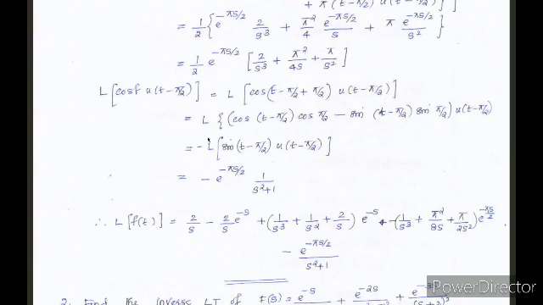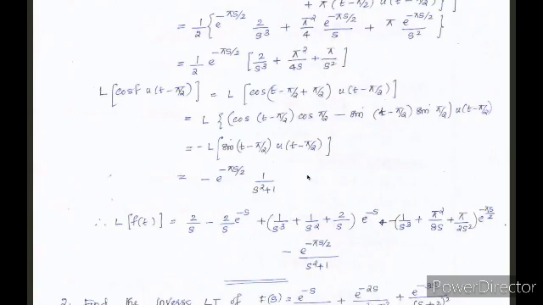So I can write this as equal to minus of sin of t minus pi by 2 into sin pi by 2, that is 1, into u of t minus pi by 2. So here f of t equal to sin t, a equal to pi by 2, and the Laplace transform of sin t equal to 1 by s square plus 1 into f of s into e raised to minus as, a is equal to pi by 2. So the Laplace transform of cos t into u of t minus pi by 2 equals minus e raised to minus pi s by 2 into 1 by s square plus 1.